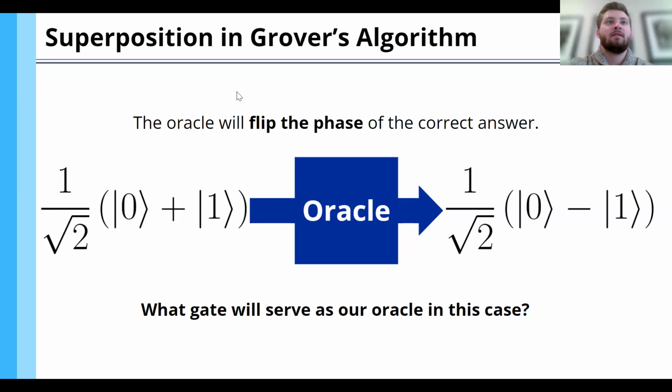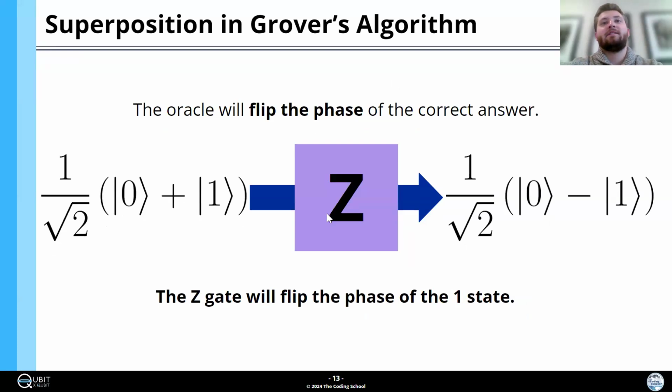Not the H gate. The H gate will put it into a superposition, and then in this case, since it's already in one, it will take it out of a superposition. The gate that'll flip the phase is, that's right, the Z gate. So the Z gate flips the phase. So here, our oracle operator is a Z gate. So we take this state on the left, the plus state. We flip the phase, put it into the minus state.